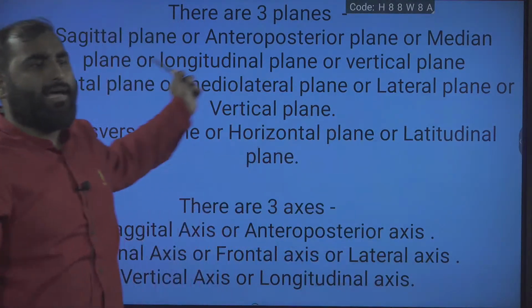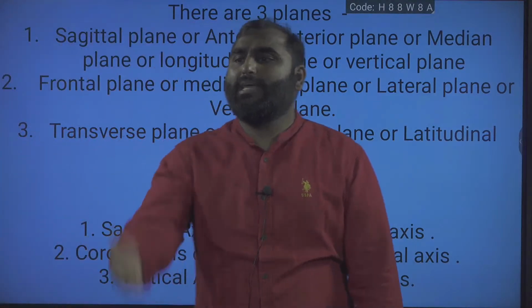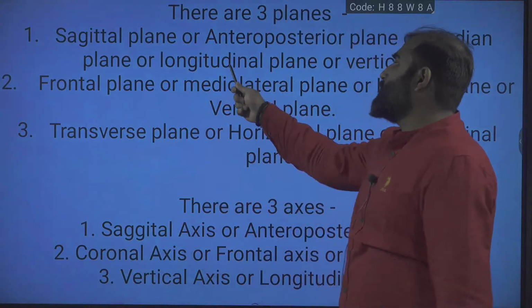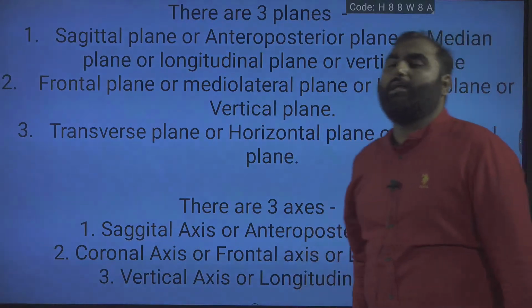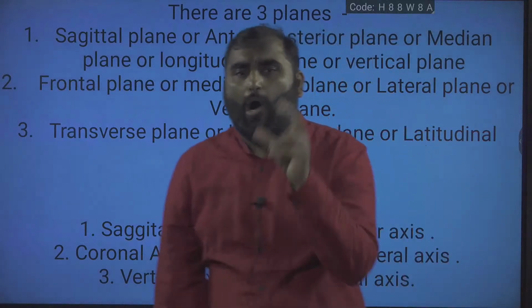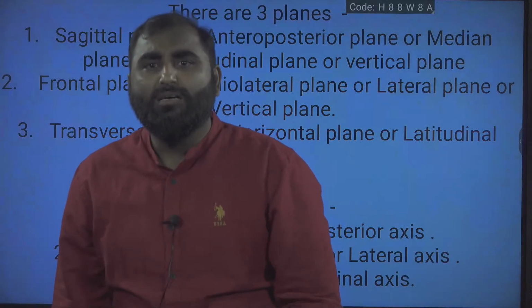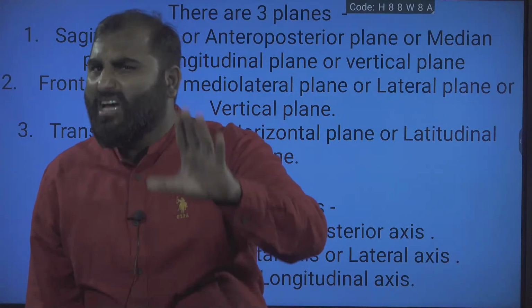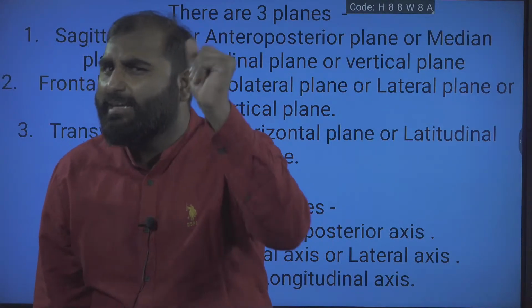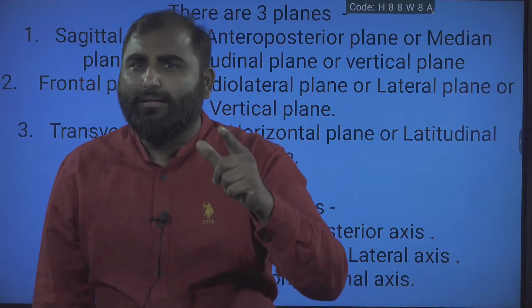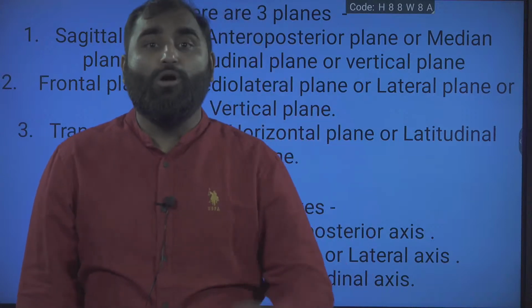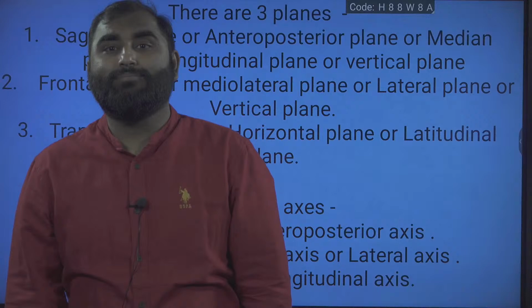That's why it is also called the median plane. Passing longitudinally and vertically, it is also known as the longitudinal or vertical plane. Sir, do we study organs in this plane? Yes, you study organs in this plane. In your life processes, if any brain diagram is present, that is a sagittal section. It is a sagittal section view that you are looking at in the diagram.